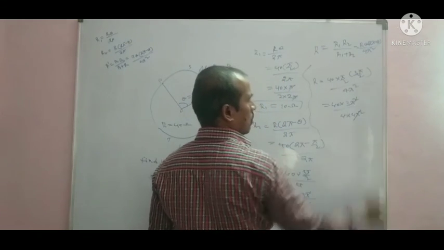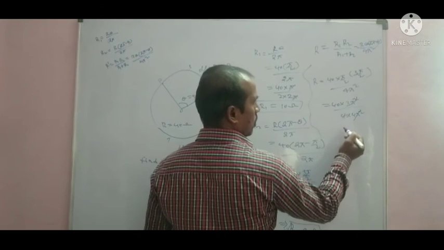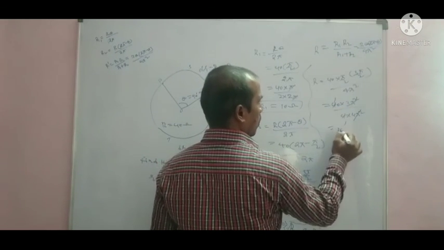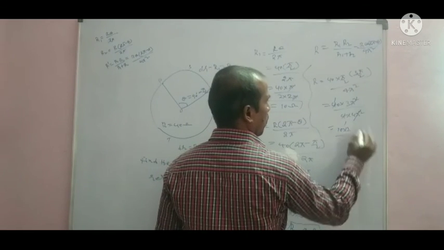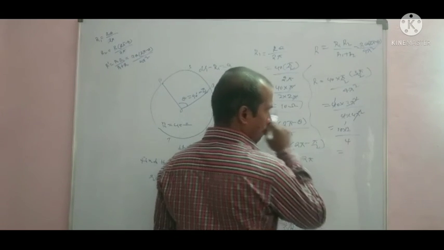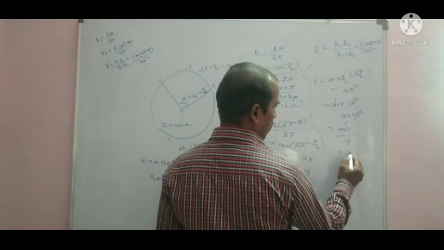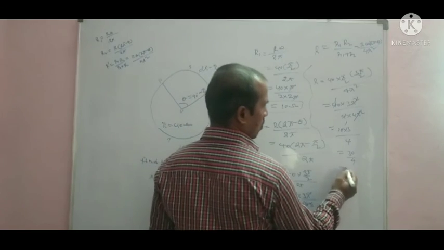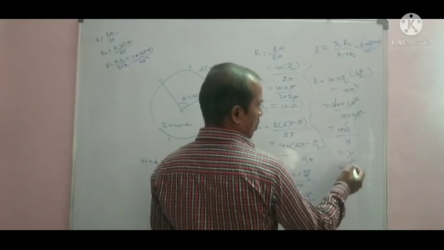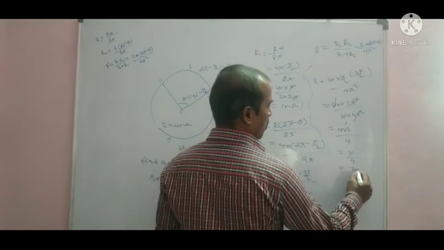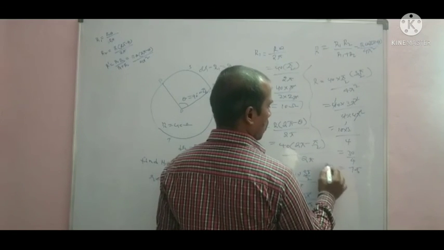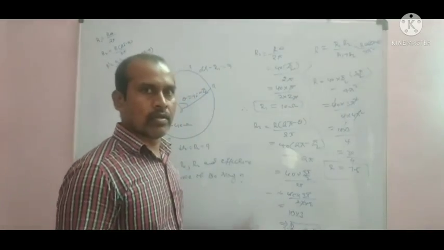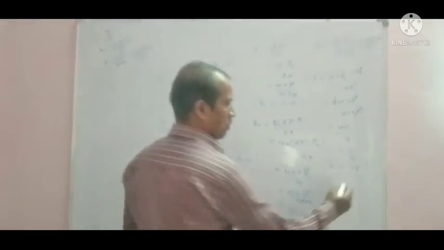Pi square cancels, 4 and 4 cancel, remaining 10 into 3 by 4, that is 30 by 4, which is 7.5. This is the resultant or effective resistance of the given ring.